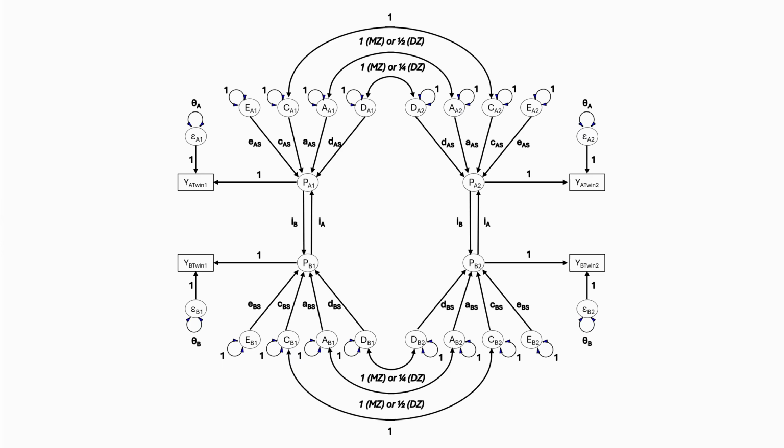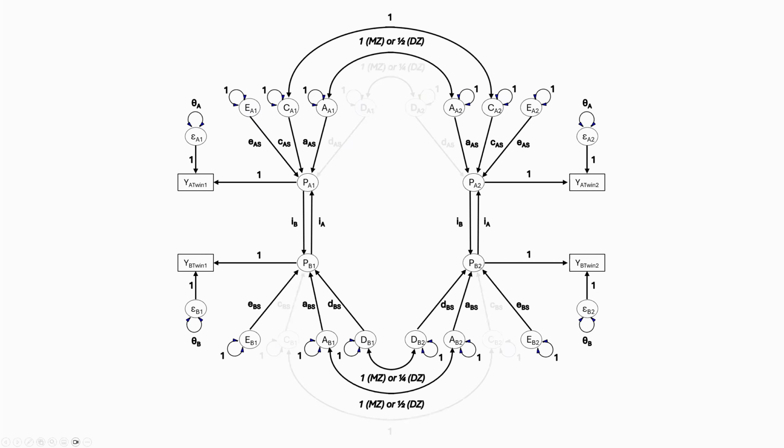Since it's not possible to estimate 4 latent sources of variation using just MZ and DZ twins, the first thing we'll do is drop dominance genetic effects from variable YA and common environmental effects from variable YB. Like so. We've therefore reduced the number of parameters we are estimating by 2.